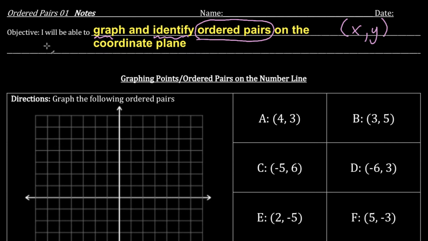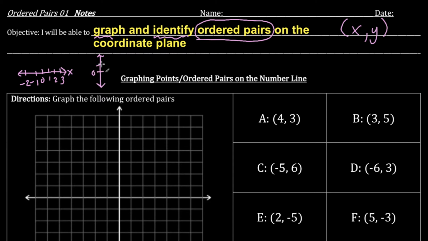So we will have two number lines. We will have a horizontal number line. We will call this our x number line. So it's just like any other number line, and so on and so forth, right? But we also have something that's really like the y number line, except we put it vertically.